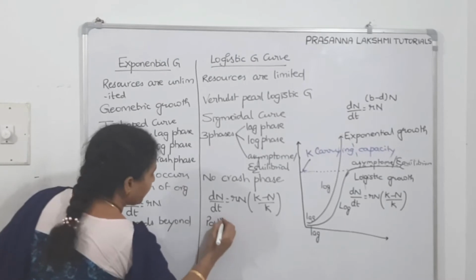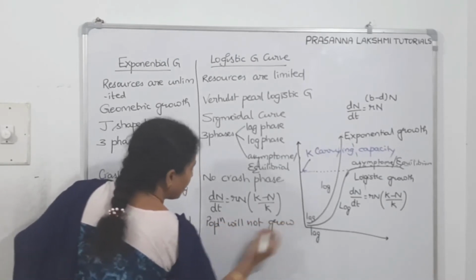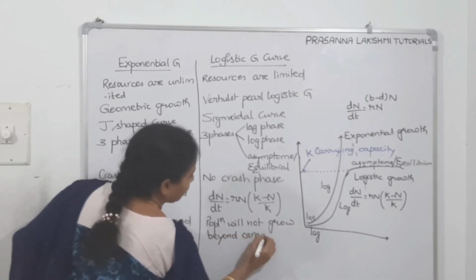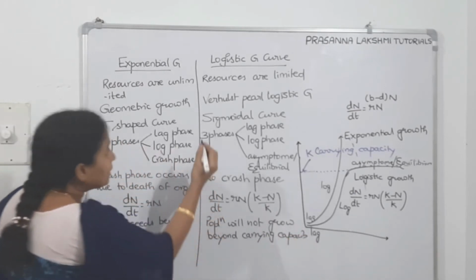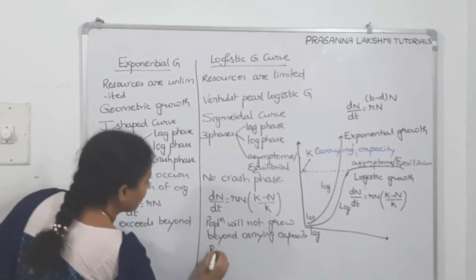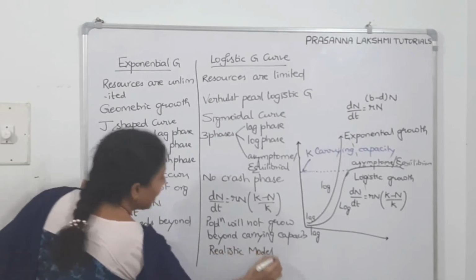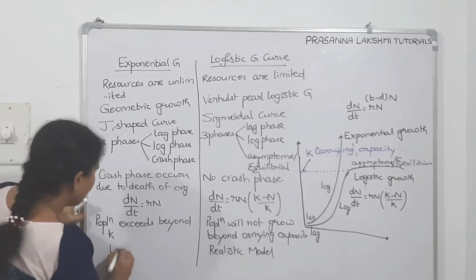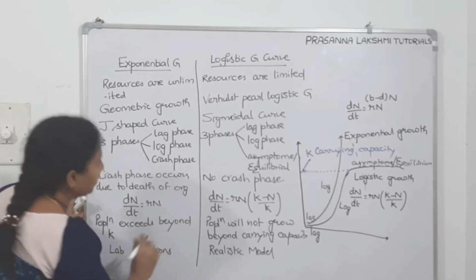Population will not grow beyond carrying capacity. And we tell this logistic growth curve is a realistic model because the resources are limited in nature. We tell this exponential growth is possible only under lab conditions.